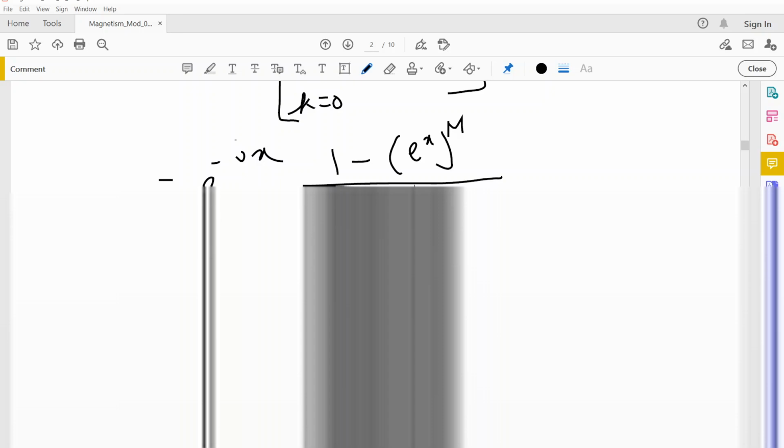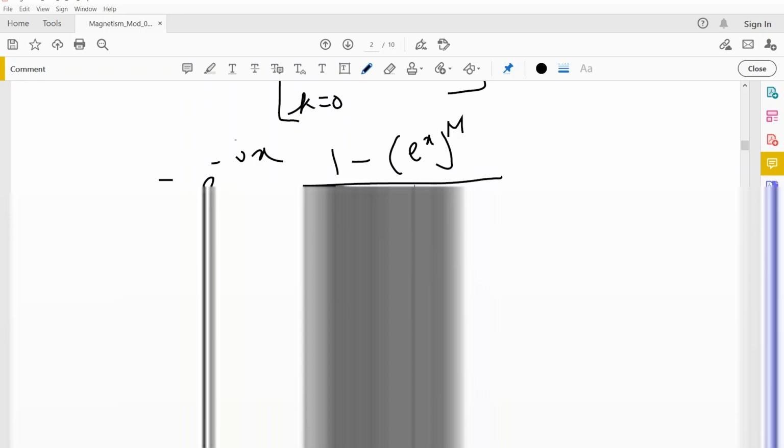And usually this kBT, or let me define a quantity which is often used in different textbooks, beta, which is the inverse of kBT. That's how we define it. So we have a kBT factor on the top, so you can see that dB by dx is nothing but 1 by beta g mu B. We can place this value of dB by dx in this expression.